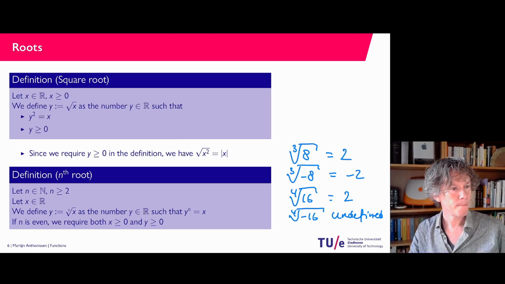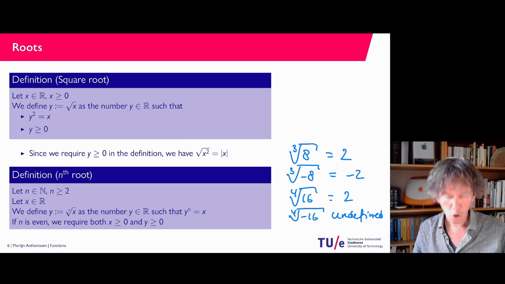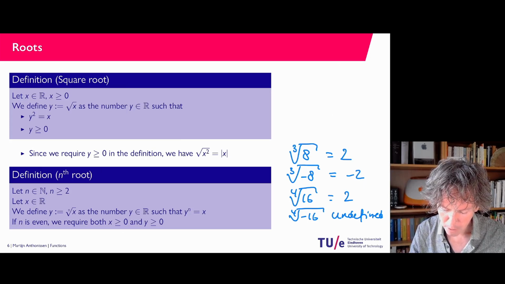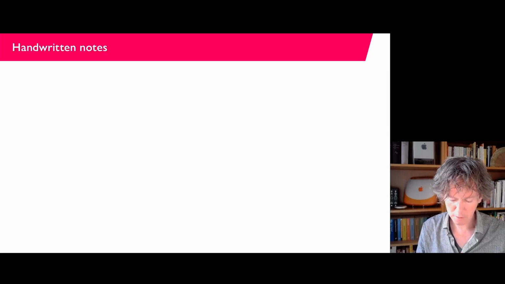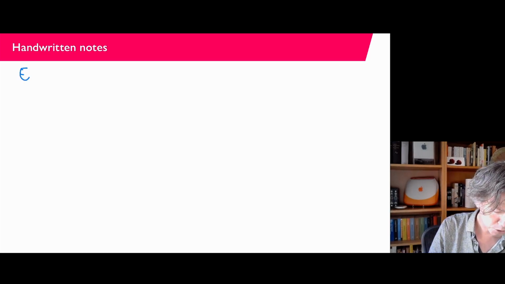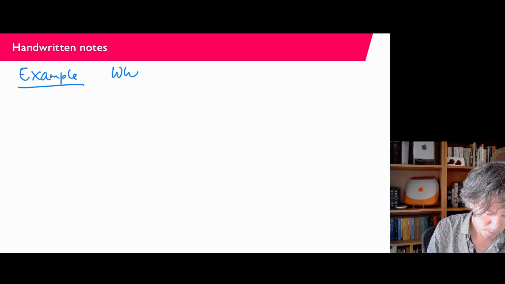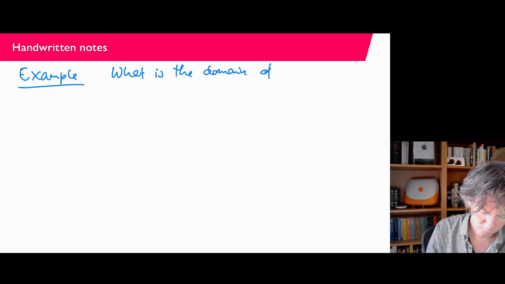Okay. Now, with what we have here, we can already link a previous topic to what we have seen now. Because, for instance, we could have the question, for example, what is the domain of the function f of x equals square root of x squared minus 4.